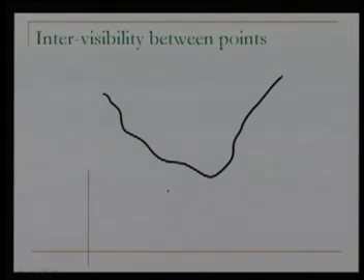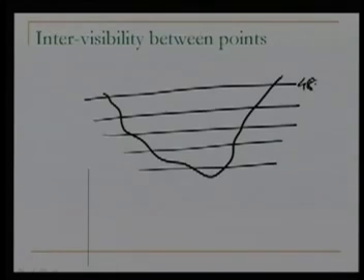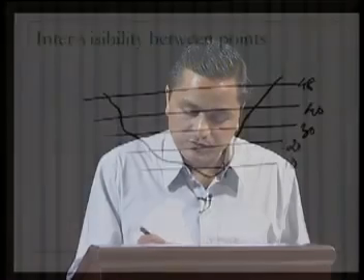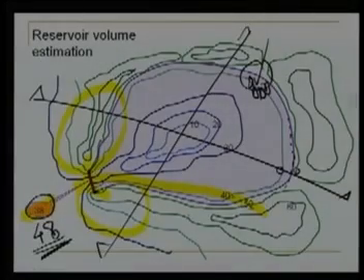If you visualize that cross section, over here we have contours of 10 meter, 20 meter, 30 meter, 40 meter and 48. Now what we want to do is compute the volume. For 10 meter, how much is the area?